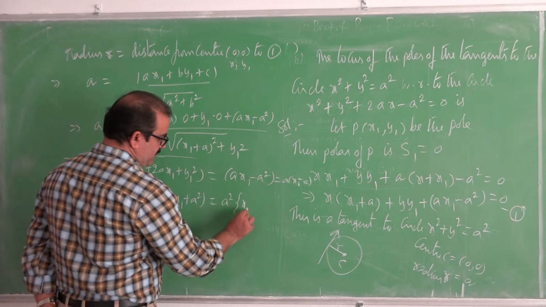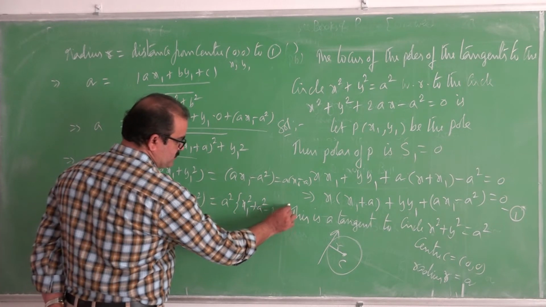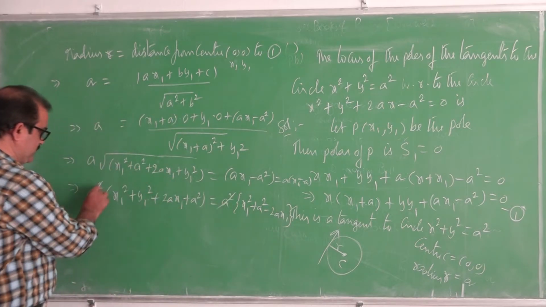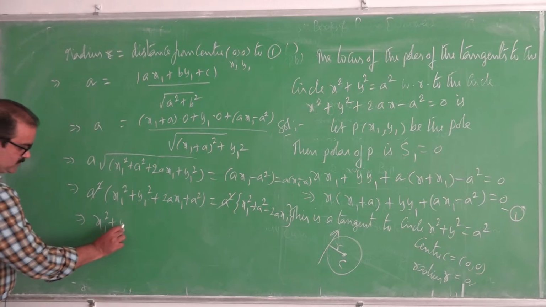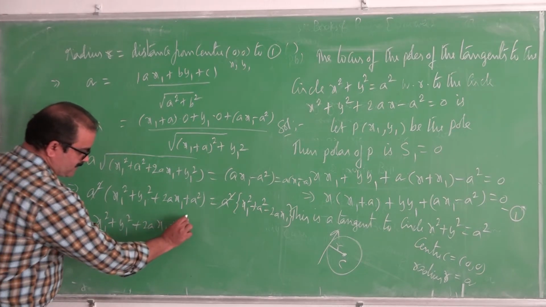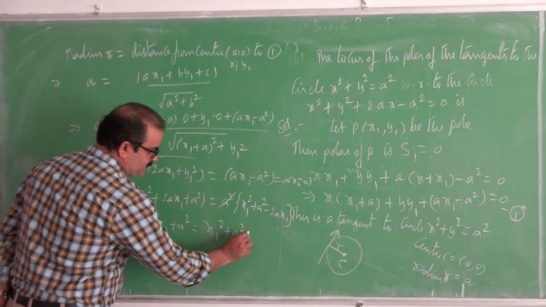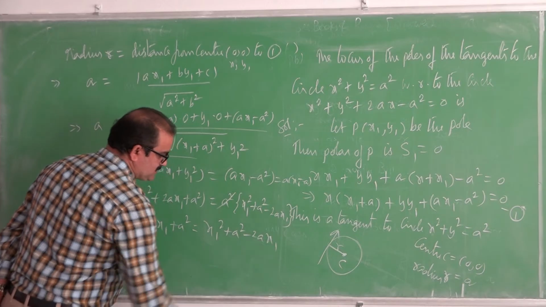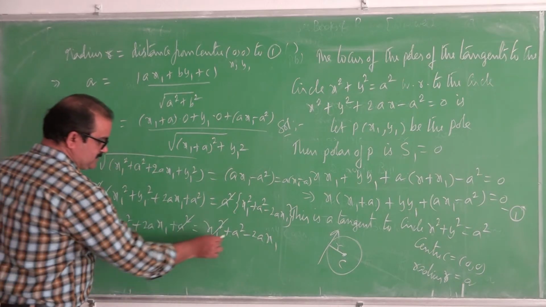Expand it: x1 square plus a square minus 2a x1. This a square and a square cancel. So we have x1 square plus y1 square plus 2a x1 plus a square is equal to x1 square plus a square minus 2a x1. x1 square cancel, a square cancel.